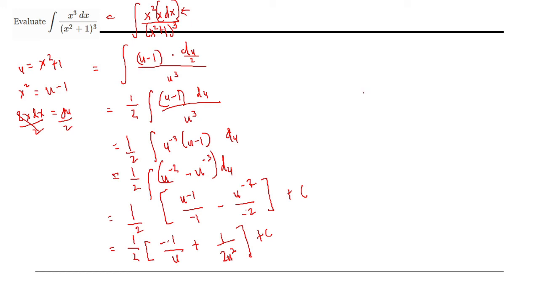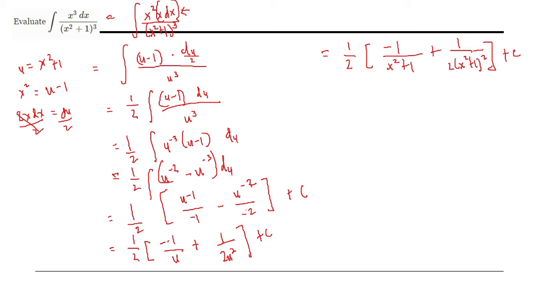So after this one, we can have 1 half times, bringing back the original, that u is x squared plus 1, so negative 1 over x squared plus 1 plus 1 over 2 times x squared plus 1 squared plus c.